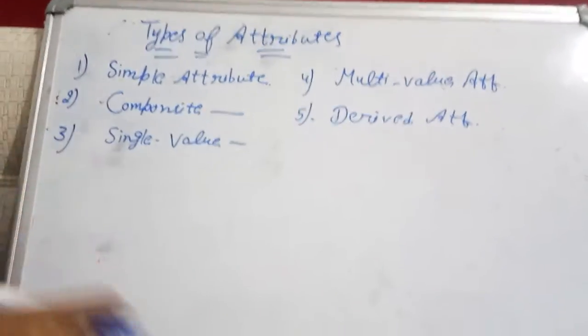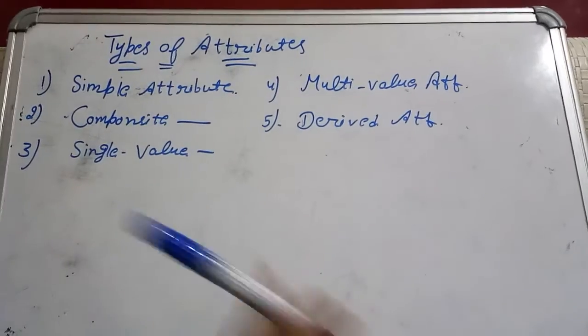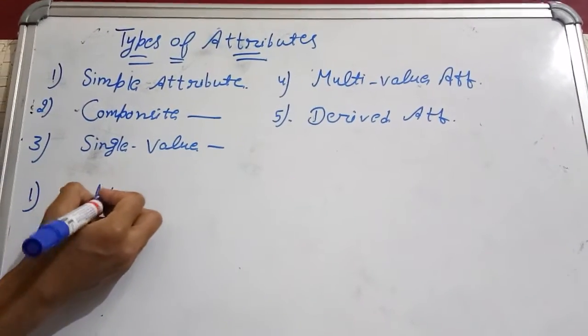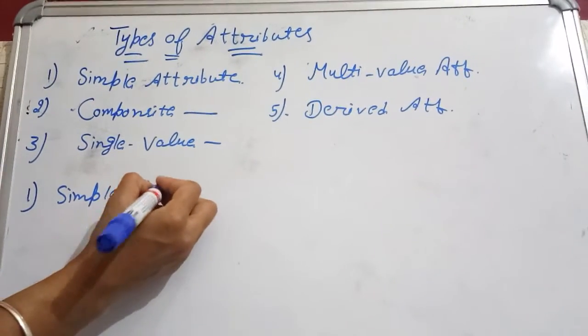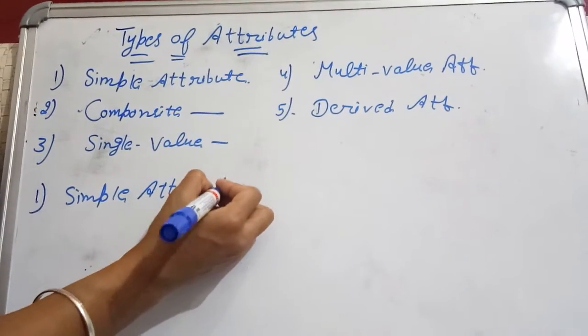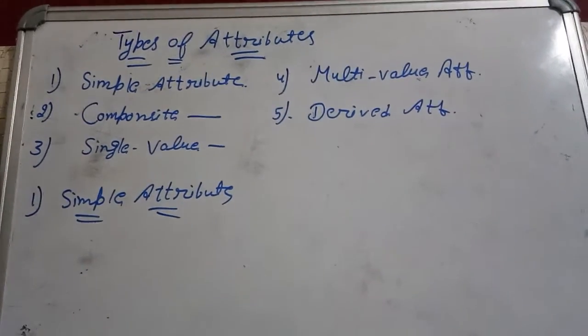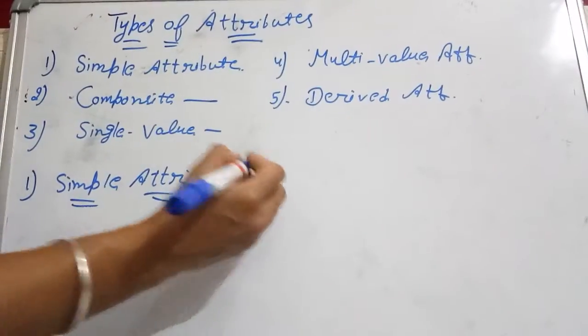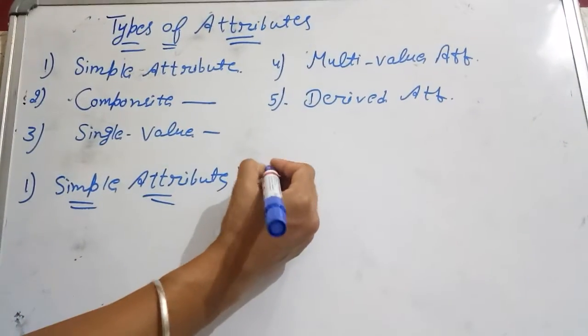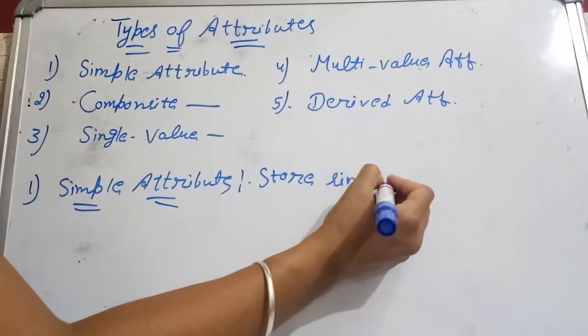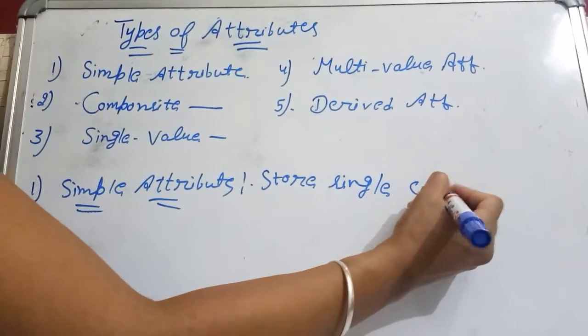Now first, what is a simple attribute? Simple attributes are those which have a single value. Which attributes are simple? The ones in which we can store a single value are called simple attributes. We also call it storing a single component.